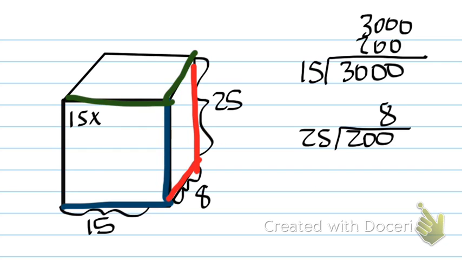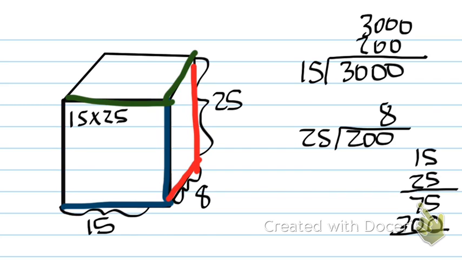So 15 times 25 would give me the front area. So just over to the side, 15 times 25. I know that's going to be 75. I put a 0 placeholder, 30. So I've got 375.